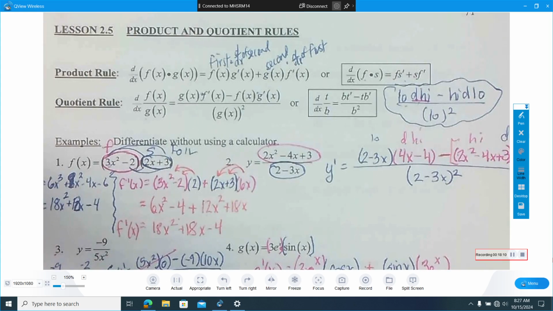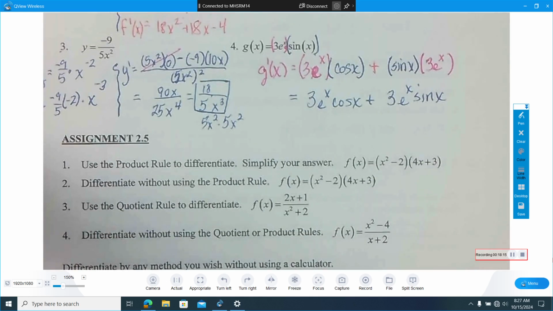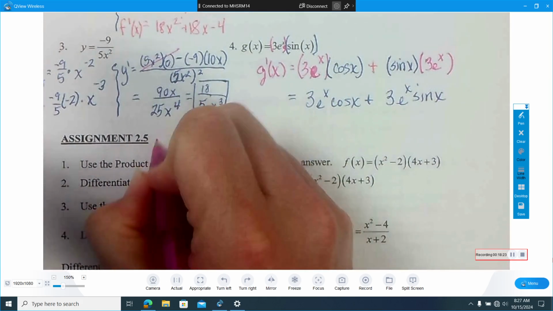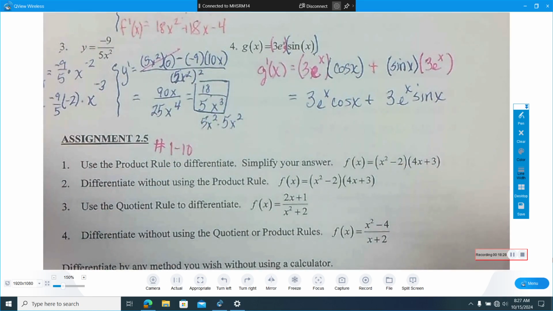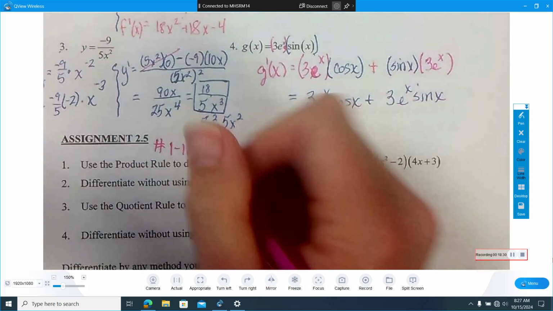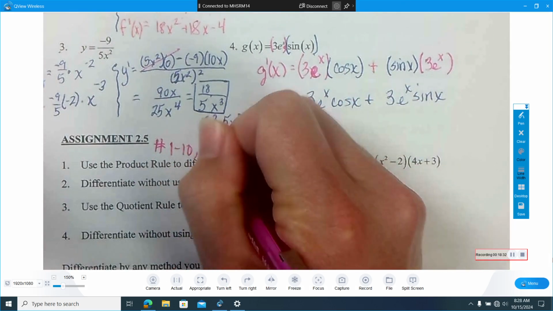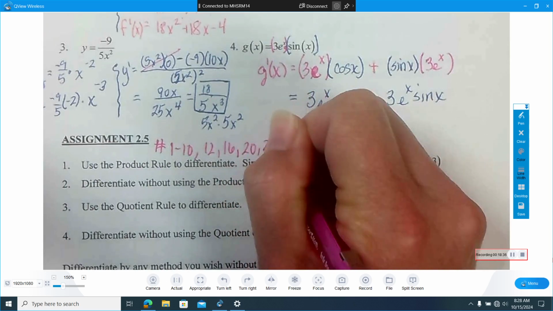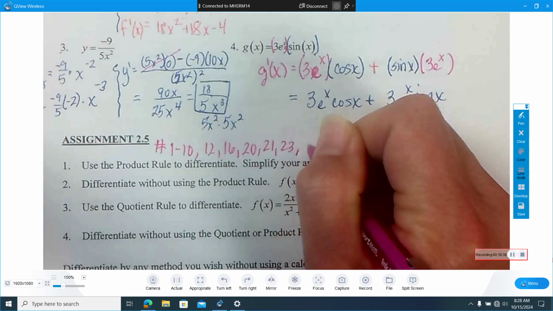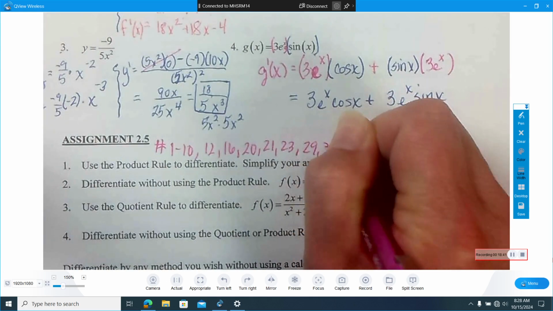Okay. All right, ladies and gents, let's see. Assignment. What was my assignment for this? Okay, I wrote it right there. Look at that. Convenient. Okay, assignment 2.5 is numbers 1 through 10, 12, 16, 20, 21, 23, 29, 30, and 31.